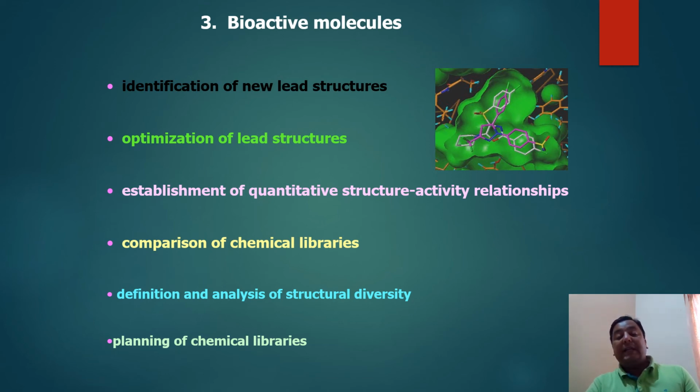And also we can see the definitions and analysis of structural diversities, how the structures are responding in similar fashions, or whether some variations are there. And then planning, designing, managing, organizing, reporting, all these things, of course, we need to take care of for designing the chemical libraries.